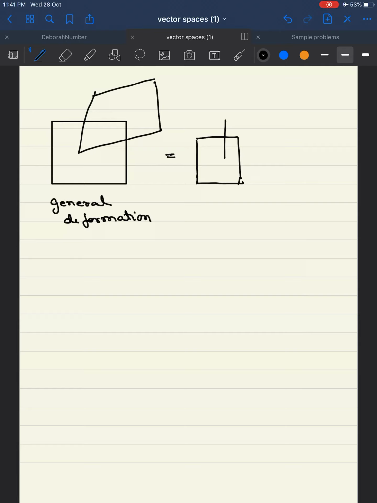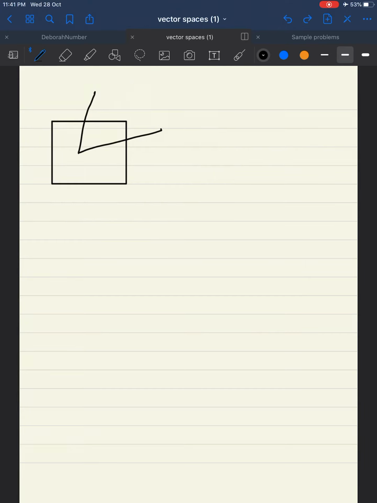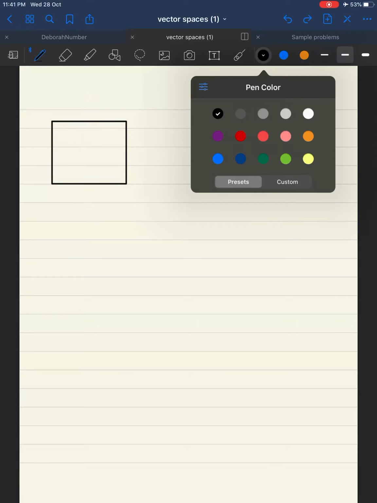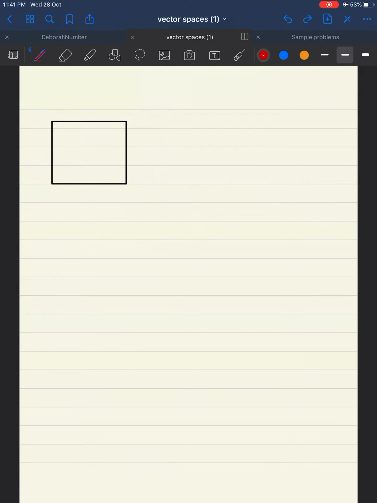Let me color code this. It will make our lives easier.